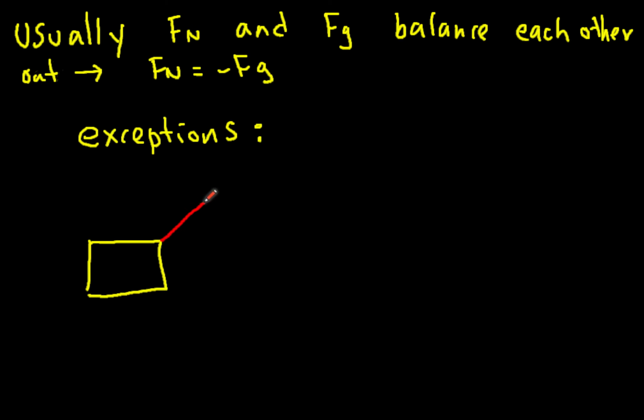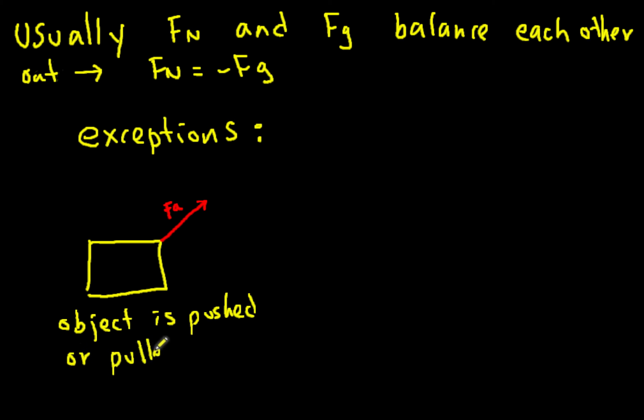There are some exceptions to this, however, and that's why there's no clear formula. The first exception is when you have an object being pulled by an applied force, and that applied force is at an angle. If the applied force is at an angle, there's a vertical component to this applied force that is either contributing to the normal force or taking away from the normal force. So the normal force is not just equal to force of gravity, there's another piece.